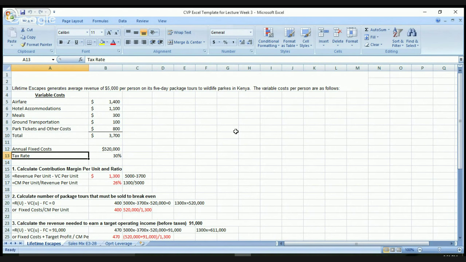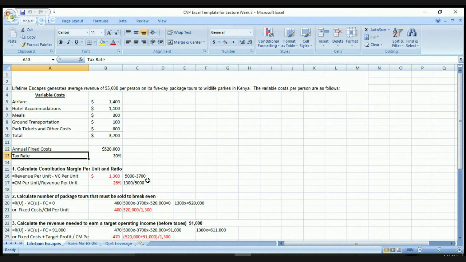So the first thing I need to do is calculate the contribution margin per unit and the ratio. Well, remember, what is the contribution margin? Contribution margin is the revenue per unit minus the variable cost per unit. So in the information provided, my revenue per unit is 5,000 and my variable cost per unit is 3,700. So my contribution margin is $1,300.